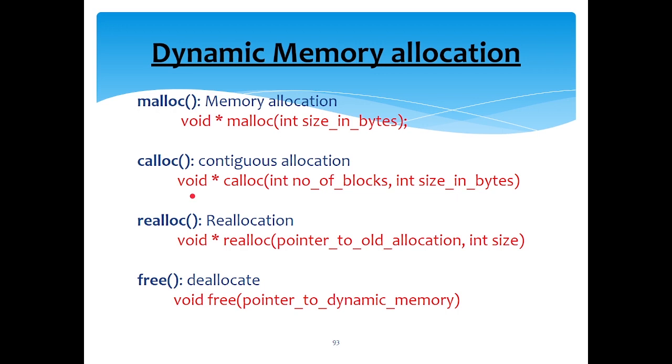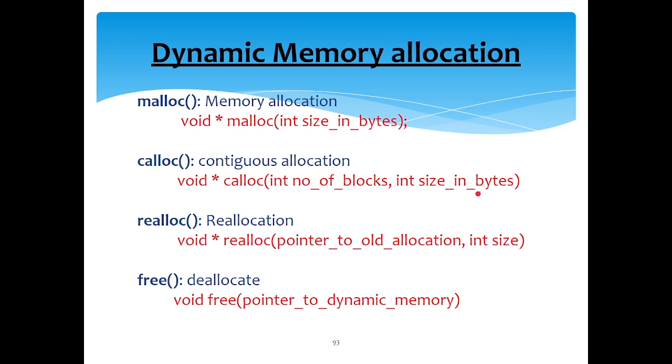Void star calloc, the same as malloc, and after that int number of blocks, which is how many slots are there in your memory, and int size in bytes, the total size you have in your array.